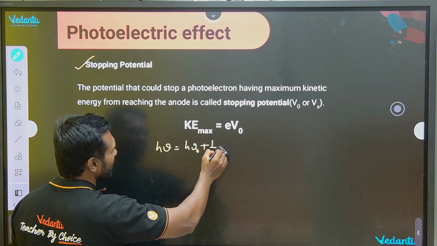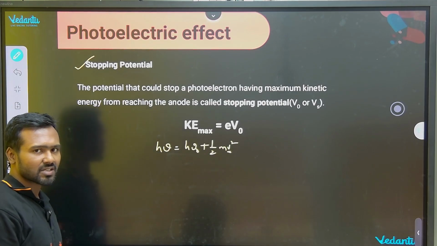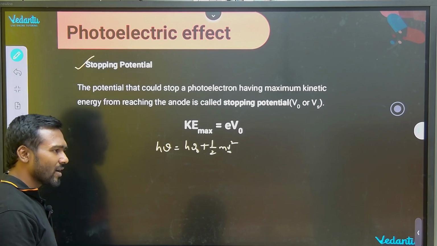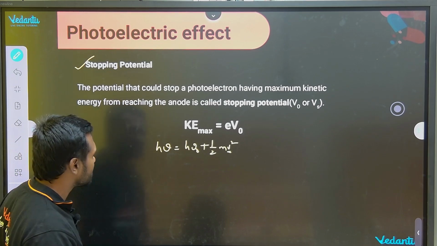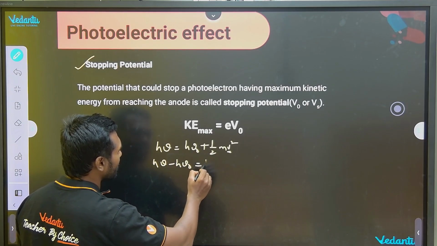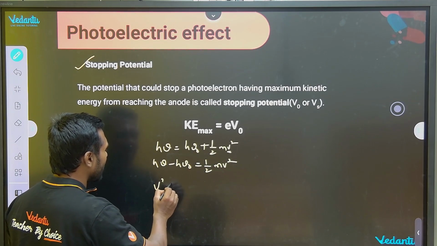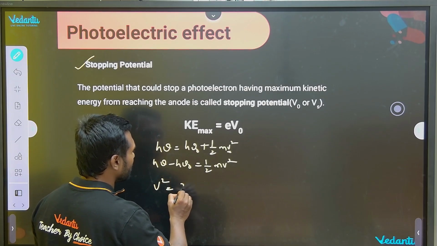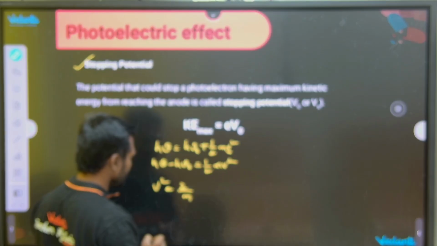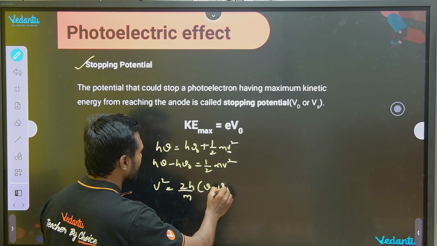The major thing is the velocity of ejected electrons. h nu is equal to h nu naught plus half mv square. From here, what is the velocity of ejected electrons? That is what they frequently ask. Or else, what is the wavelength of ejected electrons? So h nu minus h nu naught is equal to half mv square, so v square is equal to 2h by m into nu minus nu naught.